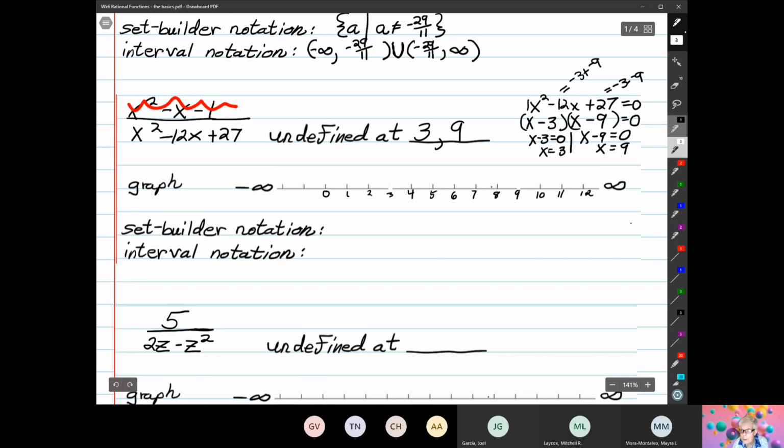Anyway, I now have 3 groups of numbers that are okay: from negative infinity to the left side of 3, hop over 3, then from the right side of 3 to the left side of 9, hop over 9, and continue from the right side of 9 all the way to positive infinity.